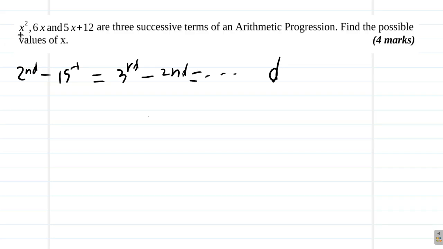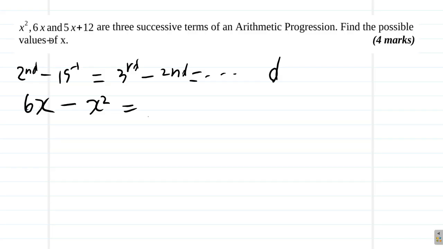Now, if the x squared is one term, the 6x is the next term. So therefore, this next term, 6x, minus the term immediately before it, that would be x squared, must be equal to, now the 5x plus 12 is the term immediately following 6x.